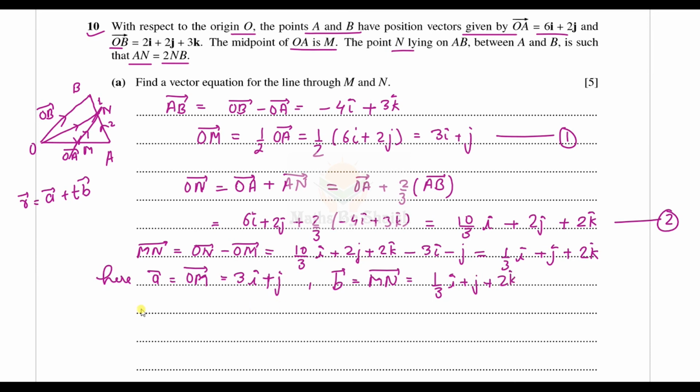Hence the vector equation of the line is r equal to 3i cap plus j cap plus lambda times (1/3 i cap plus j cap plus 2k cap).